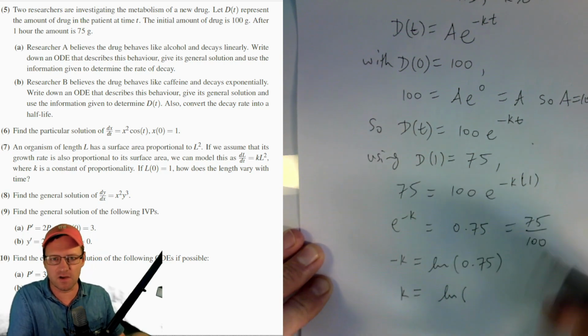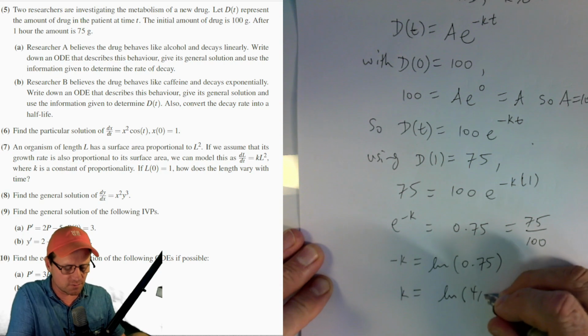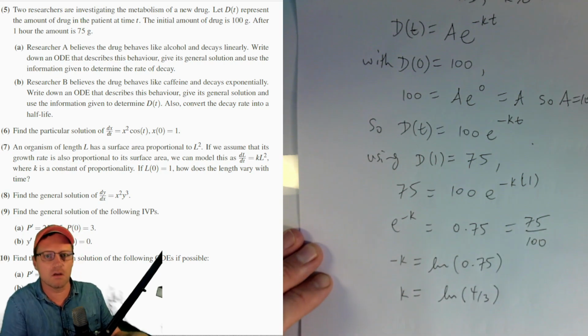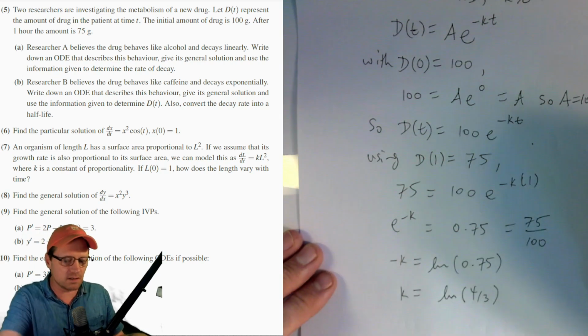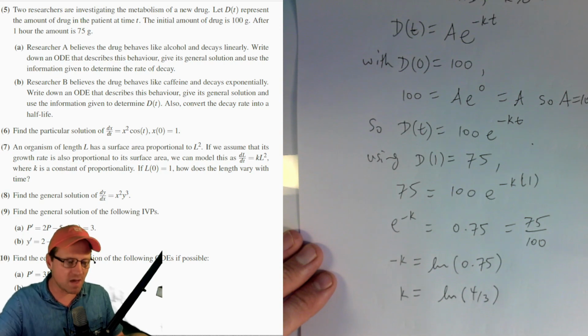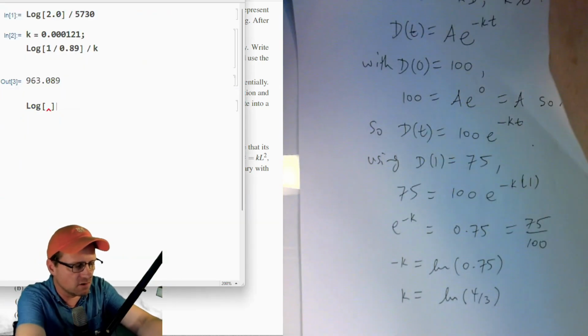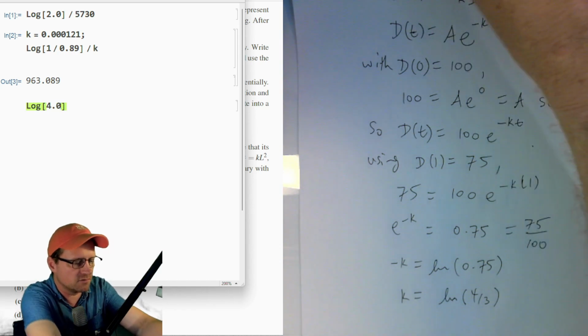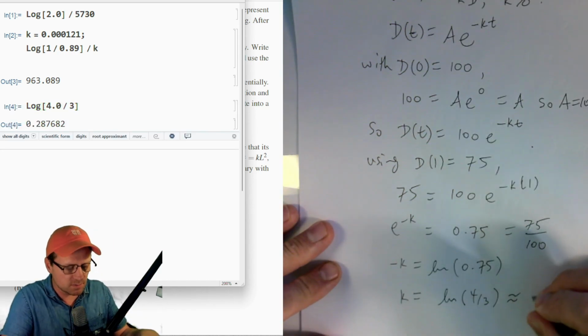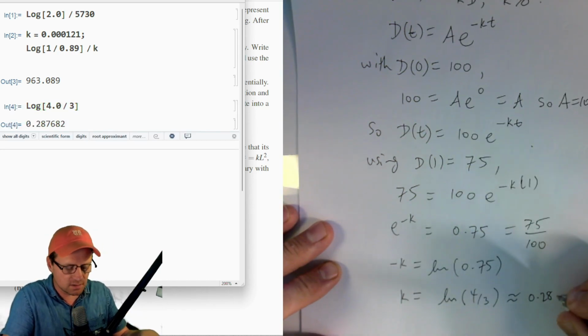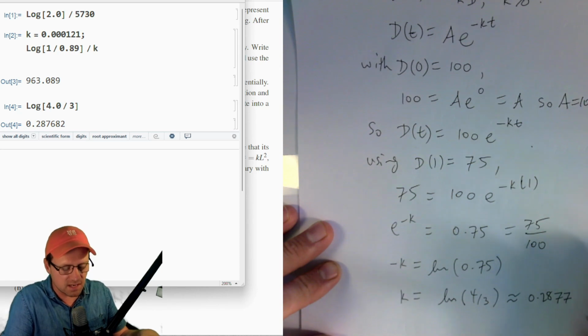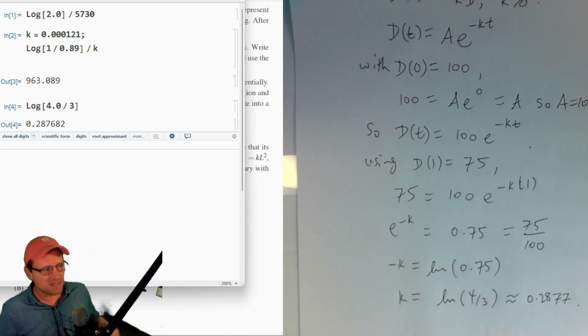Now 0.75 is 3/4, so this is 4 over 3 when we invert 0.75. Okay, and so opening up Mathematica here, let's estimate this. The natural log of 4 over 3 is approximately 0.2877, putting that to 4 decimal places.